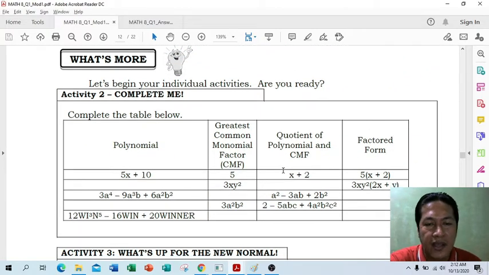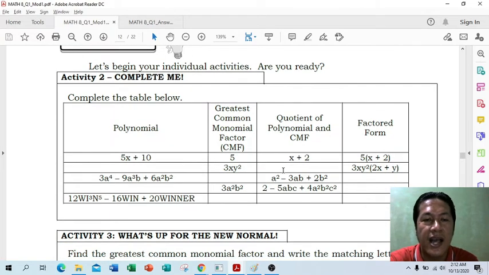Okay, once more. Let's practice. Okay. Activity. This is practice. Complete it. CMF, or common monomial factor. 2x plus y goes here. Then 6x squared y squared goes here and 3x y cubed.